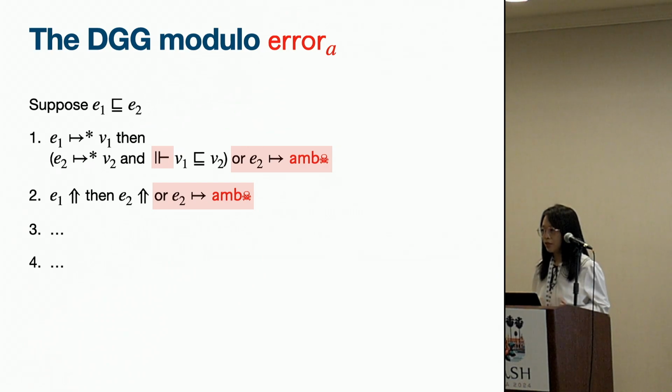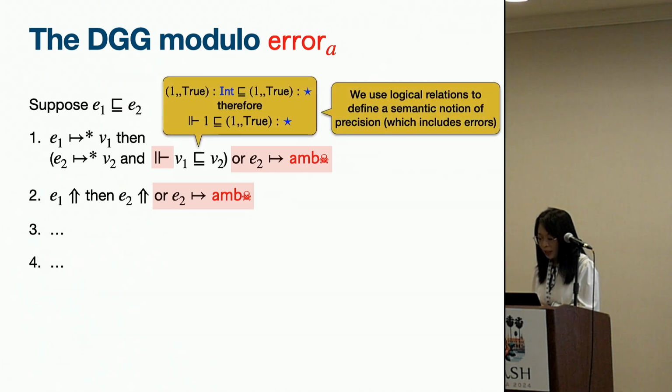In this case, if E1 reduces to a V1 and E2 reduces to V2, and V1 is more precise than V2, or E2 can reduce to an ambiguity error. But here we need to use a semantic notion of precision, because for instance, one merge with true cast to int, you could get 1 if it casts to unknown.